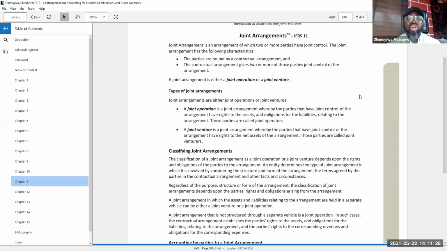And this is what can be done in order to cooperate. Now, that is a practical example of a joint operation.